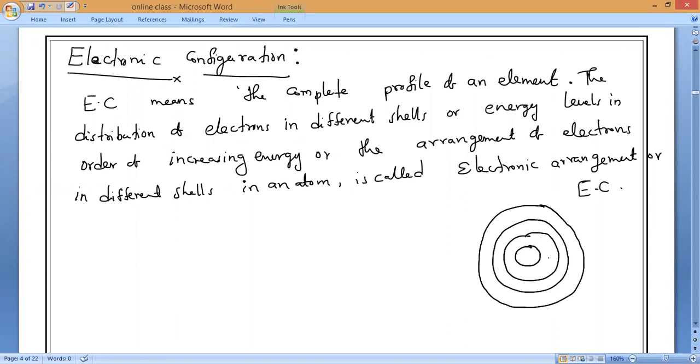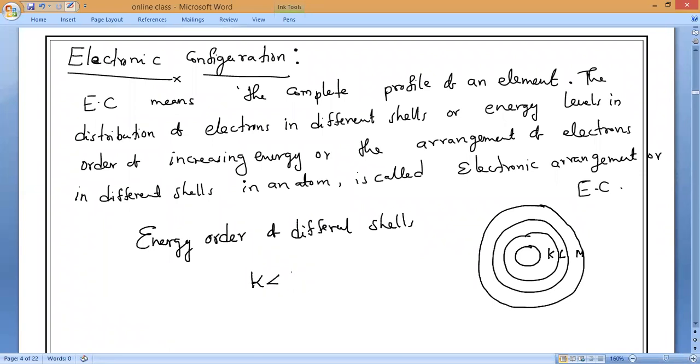Can you tell me the names of that? K, L, M, like that it will go. So now, please learn the energy order. What is the energy order of the shells? Anybody can tell me? How will it go?